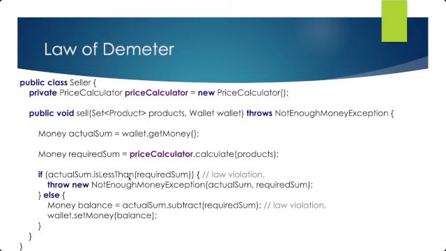Maybe you look at this code and don't understand why it's bad when our seller just calls the method of the money class. Maybe it's normal, but let's think in another way. Imagine that you come to the store and you want to buy something, and you see the seller, and to buy something you need to give your wallet to the seller.